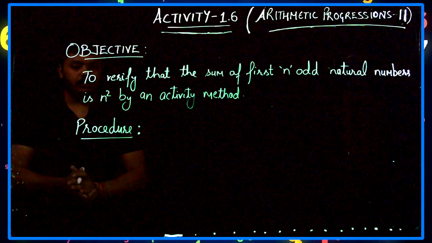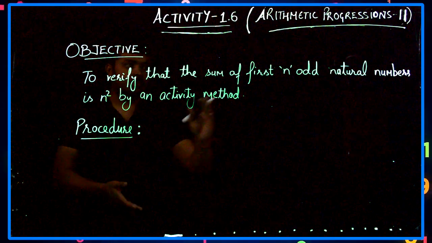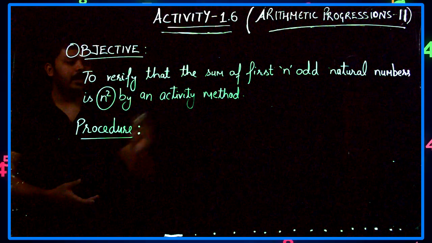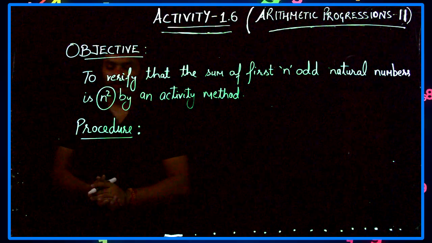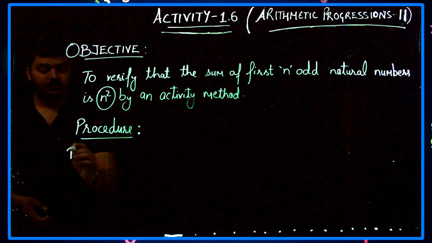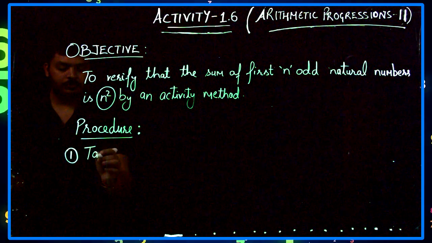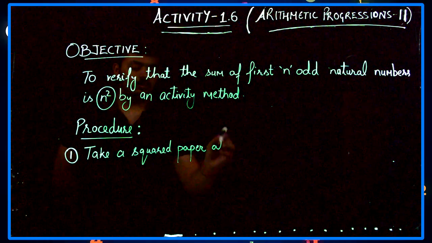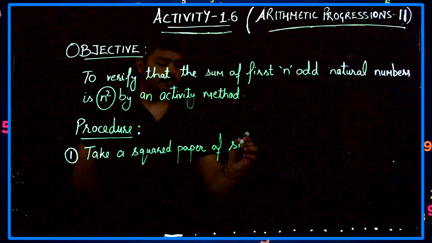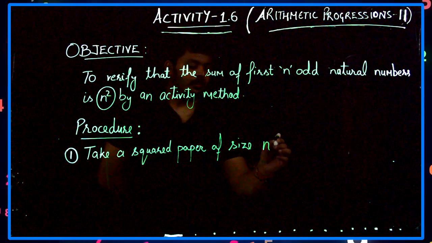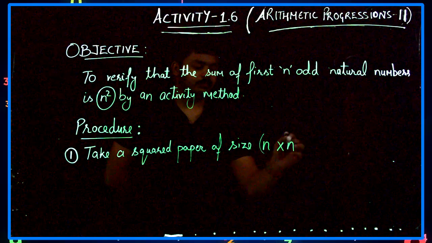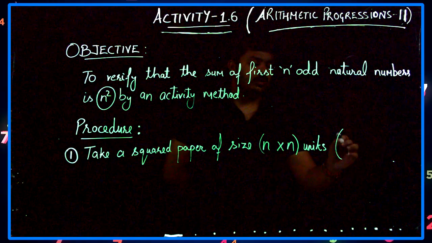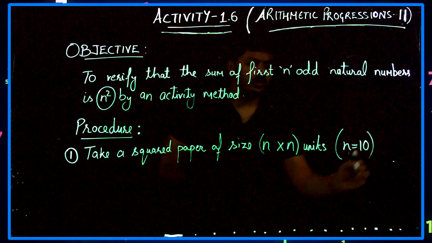So students, our objective for this activity is to verify that the sum of first n odd natural numbers is n square by an activity method. So the procedure for the following activity is: step 1, take a squared paper of size n into n units, where n is equal to 10.